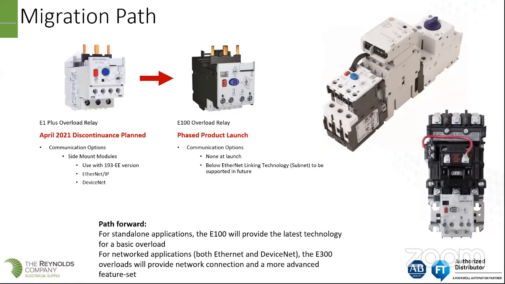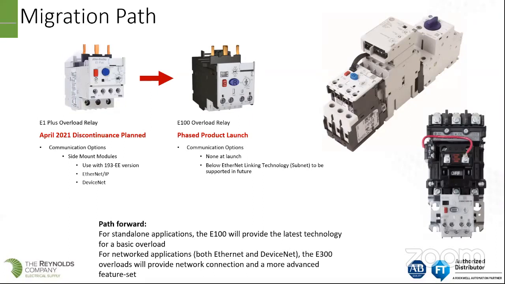So for any standalone applications where you don't have communications, the E100 will be the latest technology for a basic overload that you'll use for an E1 Plus. However, again, if you do have a networked option on an E1 Plus, you will look at the E300 product line, and that's a product that Rockwell's now had out for going on 4 or 5 years.